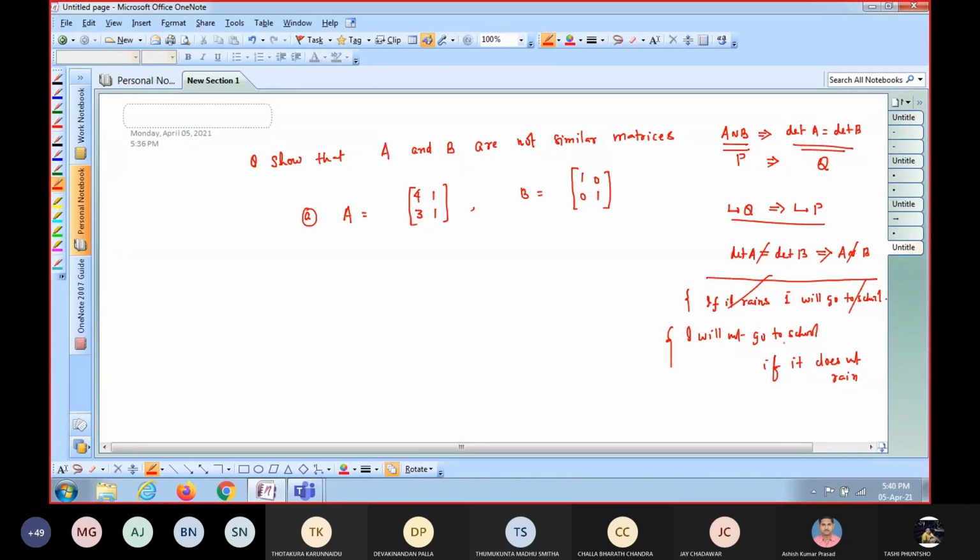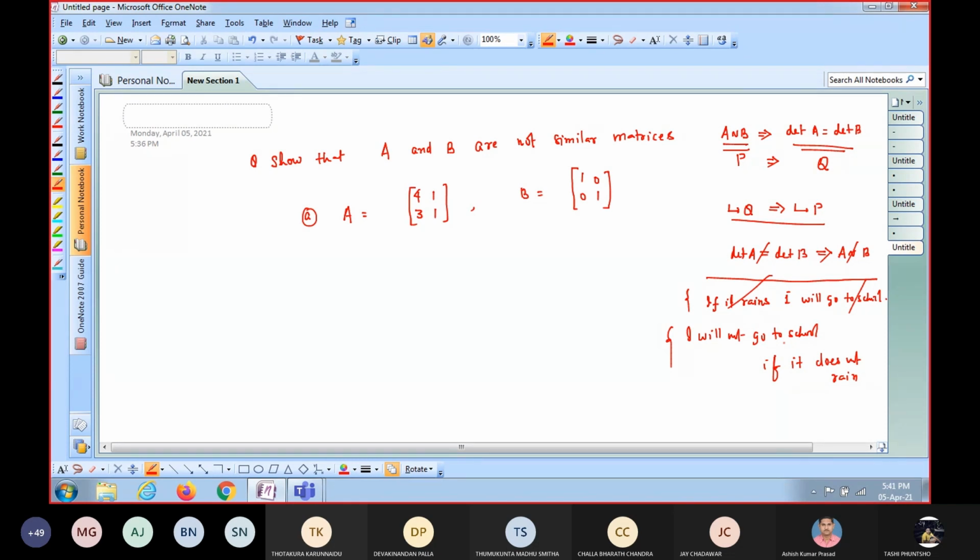Or you prove they don't have the same characteristic polynomial, or the same trace, or their eigenvalues are different, right? So any of the properties you disprove and your work will be done, right? So what I do here, let us take the help of characteristic polynomial.